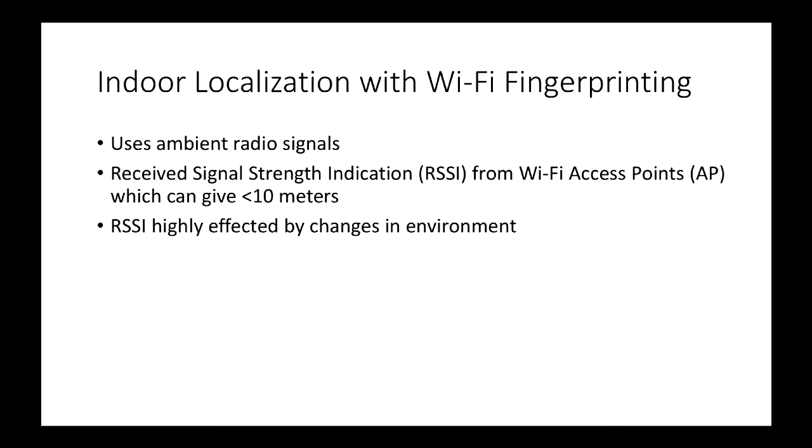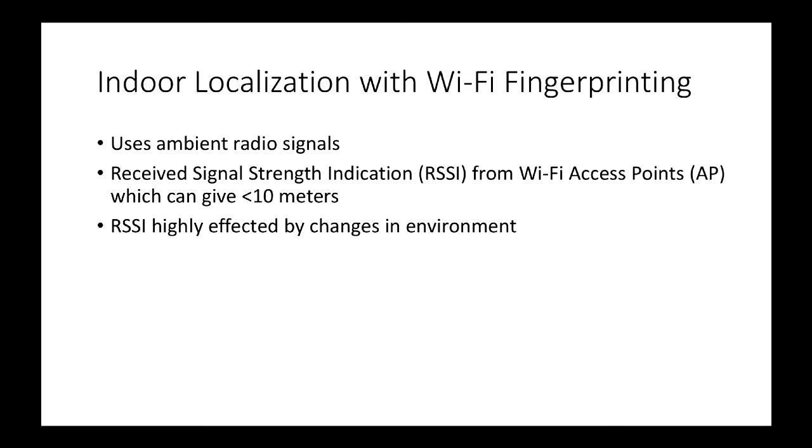Of course, the signal strength from those Wi-Fi access points fluctuates quite a bit. It changes with the population, if there are more or fewer people in a room, or if the environment changes, like opening or closing doors. So the system would need to be able to update over time.